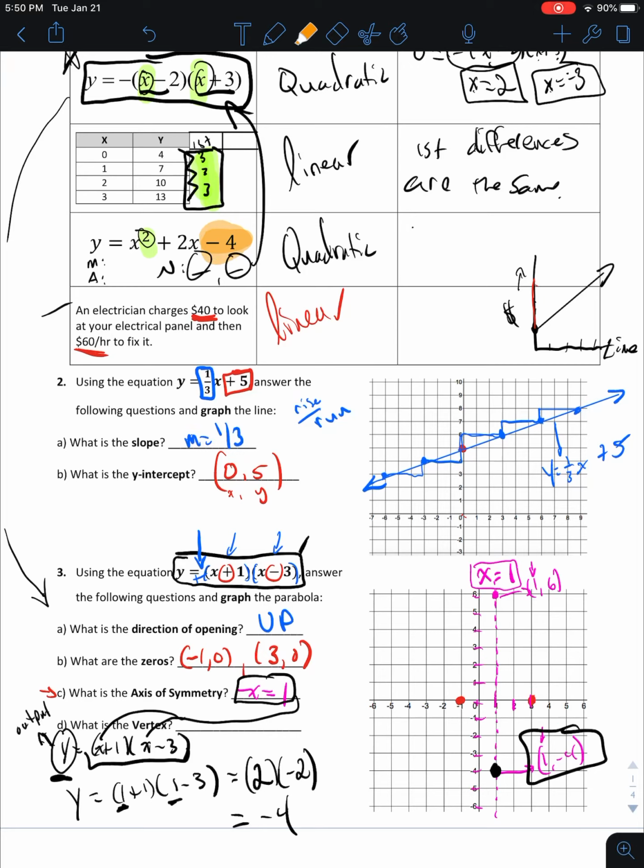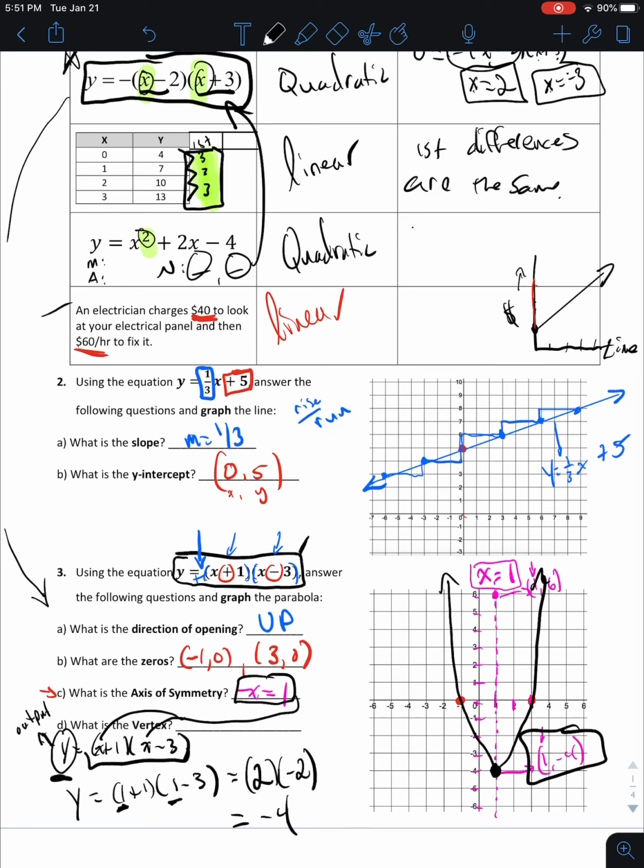If you can see up here, where I've drawn in the orange, that would be the y-intercept if I wrote it in standard form. This isn't the same question, but you could read it off.